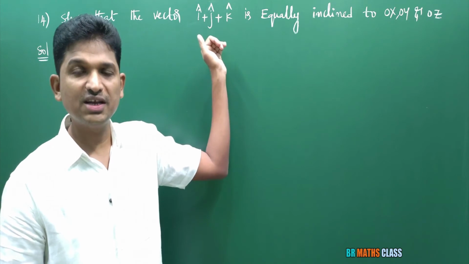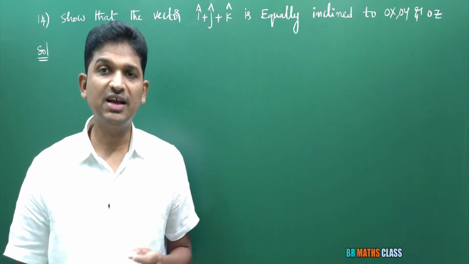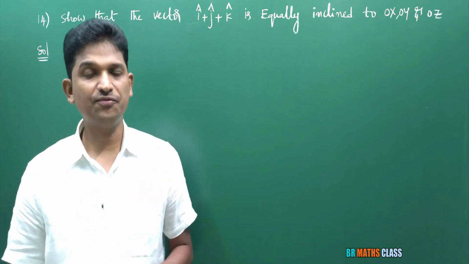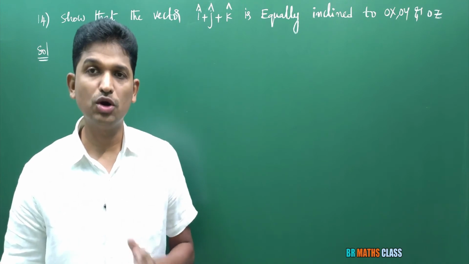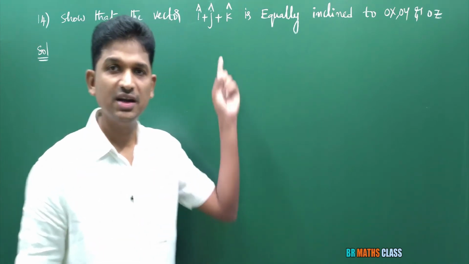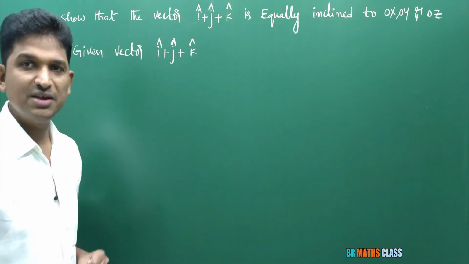To prove that, I will calculate the direction cosines of the given vector first. Later we will discuss whether this vector is equally inclined with the coordinate axes or not. First find direction cosines of this vector. The given vector is i cap plus j cap plus k cap.